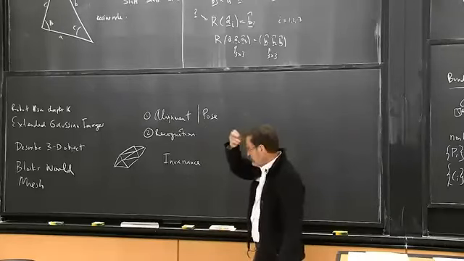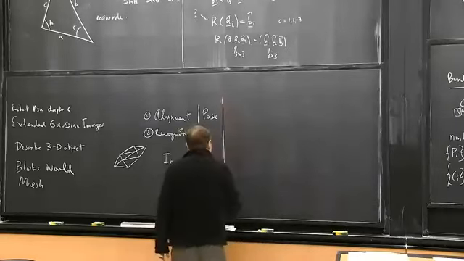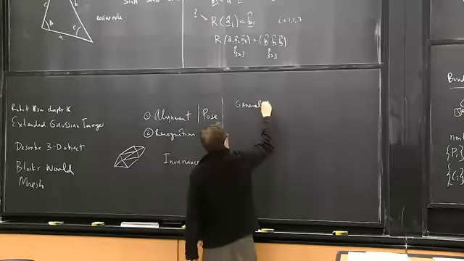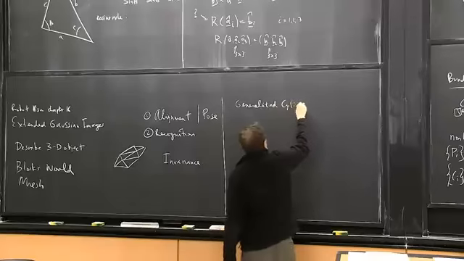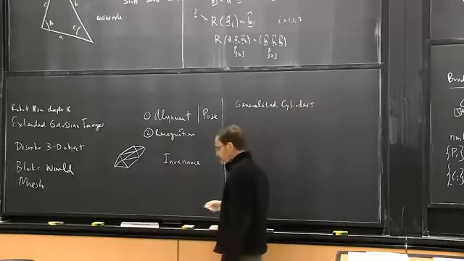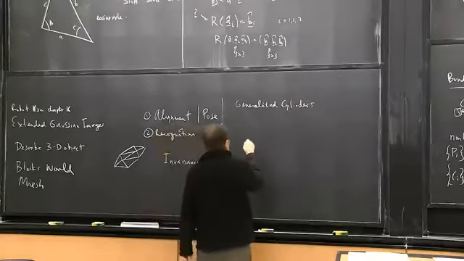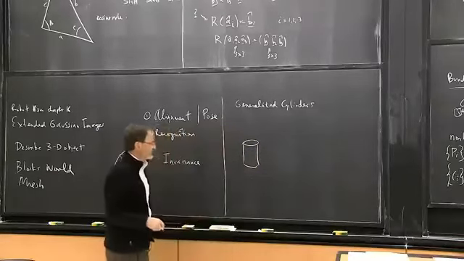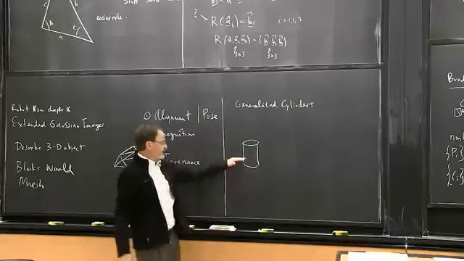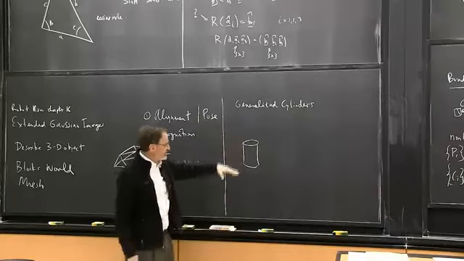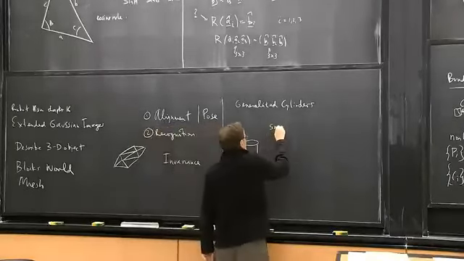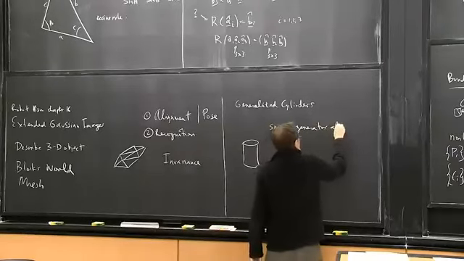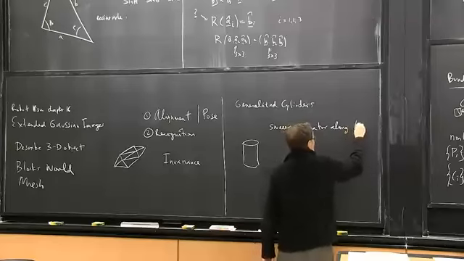Now there are lots of attempts at finding a representation that satisfies those criteria. Let's just look at one. This is generalized cylinders. When someone says cylinder, you tend to think of a right circular cylinder. That is one that has a circular cross-section and is obtained by sweeping a generator along a straight line.